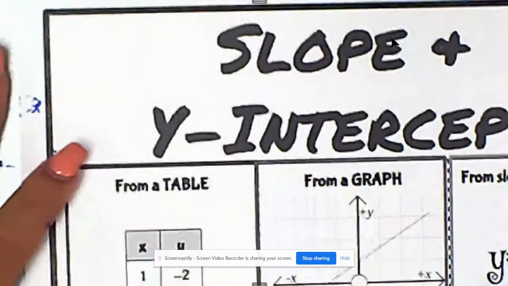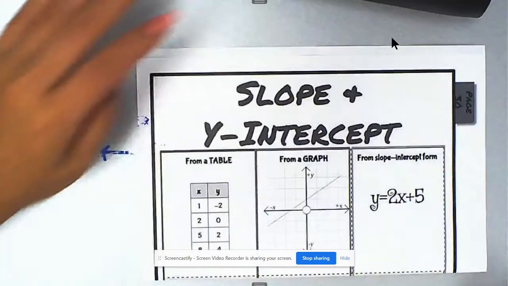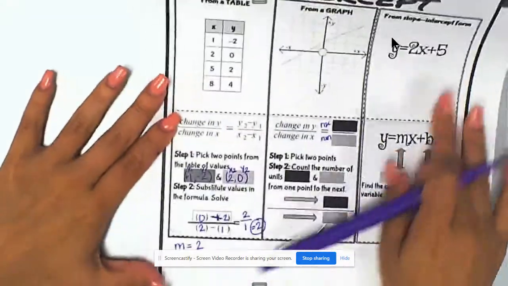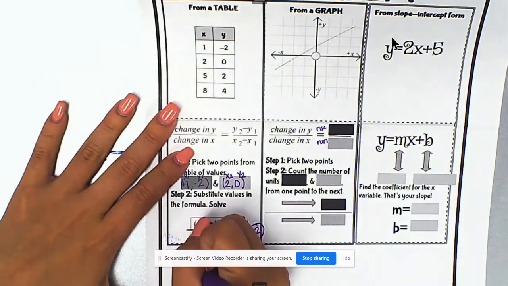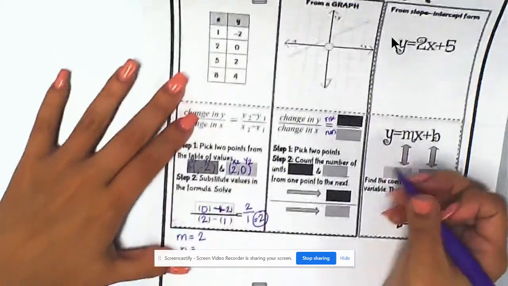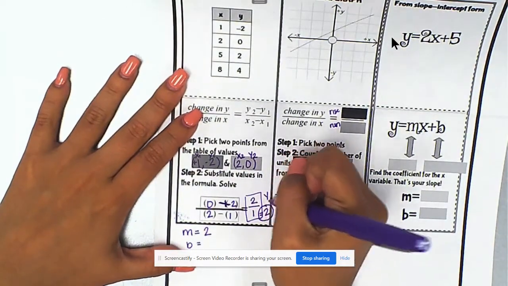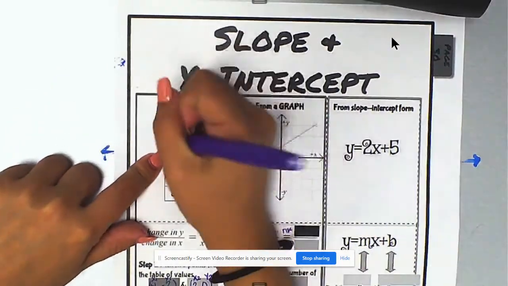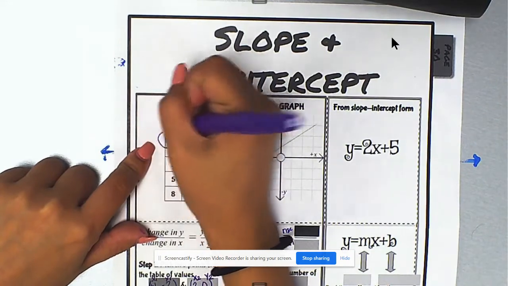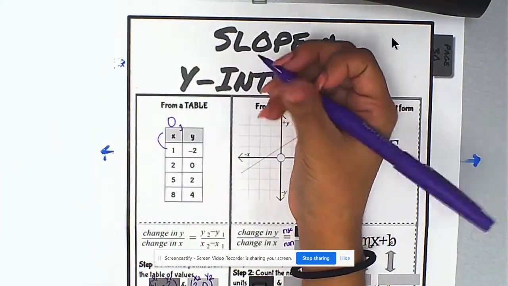So let's look. Gonna zoom out. So we know that my slope is 2. Well, I need to find my b. So in order to find my b, I'm going to use this. Remember, this is my y and the bottom is my x. So my x is going to go down by 1. So this is going to go back to 0. And then I have a 2.